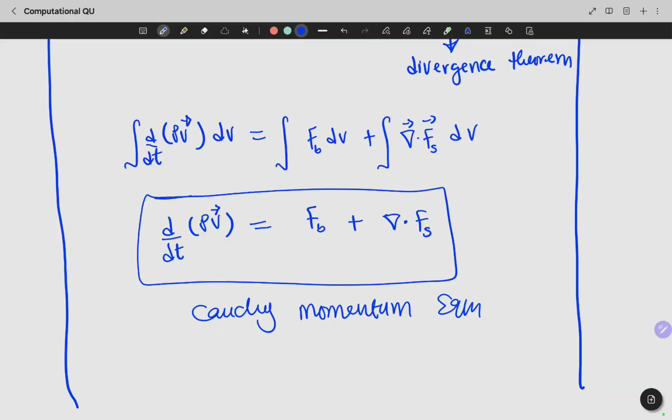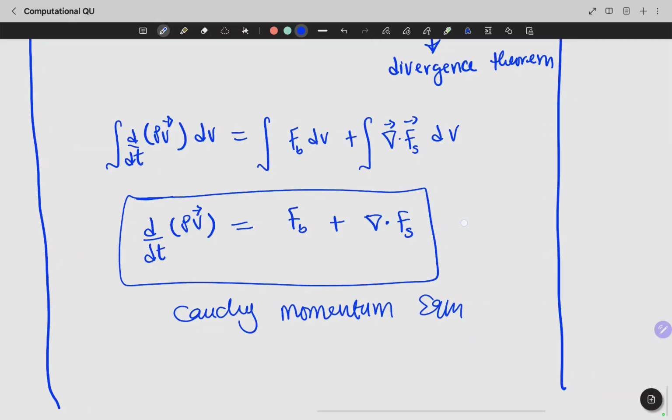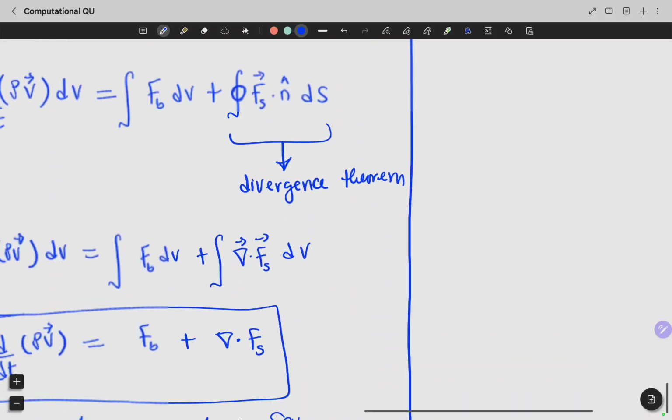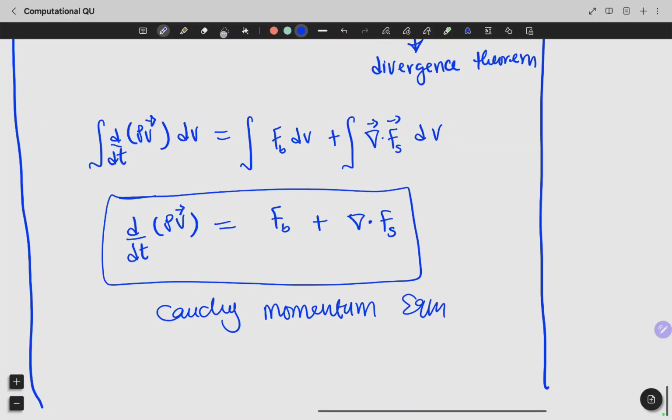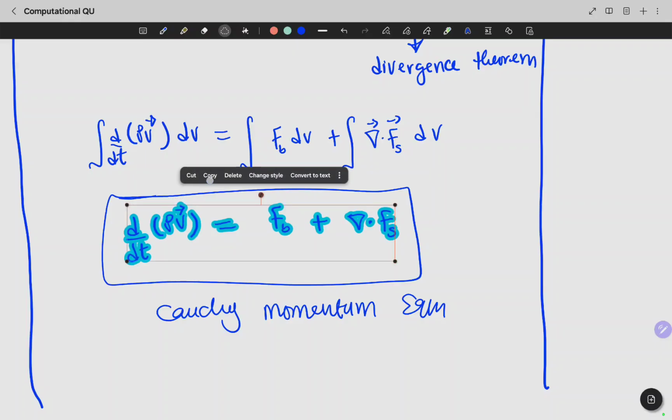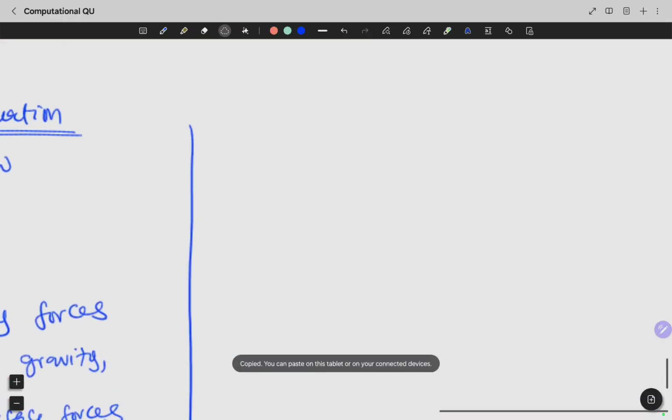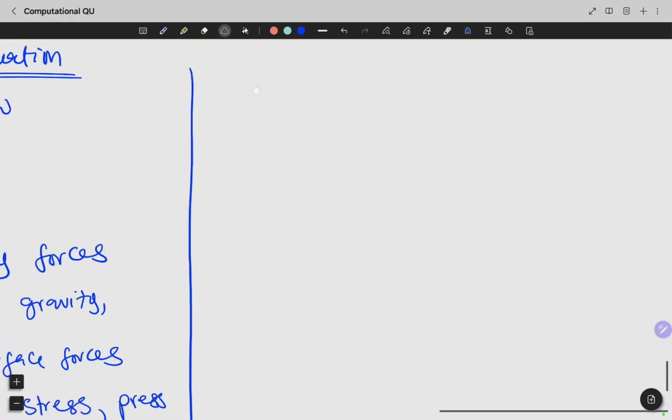Now, depending on what you want to do with this equation, let's copy the equation. You can define it, or you can redefine the forces. Let's go here, paste it.